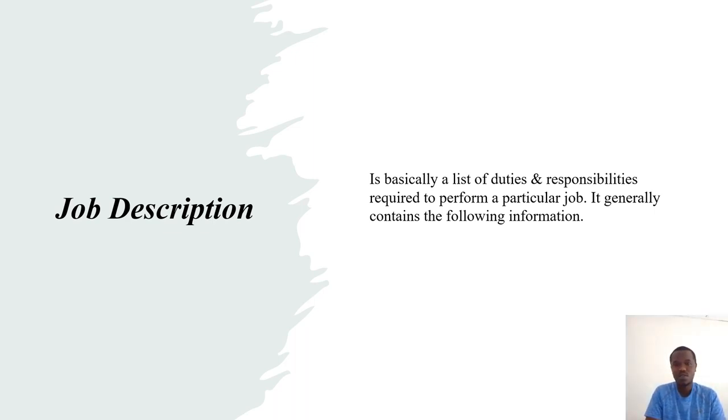So a job description helps an employee to really know the responsibilities and duties. Even when you go to a school and ask different people in administration, teachers, they will tell you their job description, what they're supposed to do and what they are not supposed to do. Let's just see how a job description looks, and then that will be enough for today.